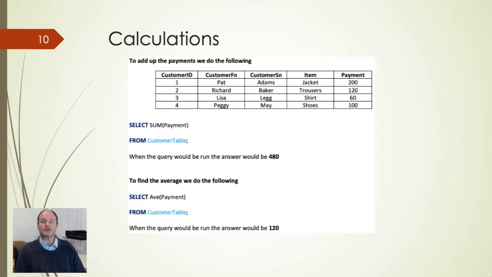The average function will add up the figures and divide by the number of rows. The result would be 120. You will see from the picture that the function is on the select row and is written with the function name, and the name of the field is put in brackets.